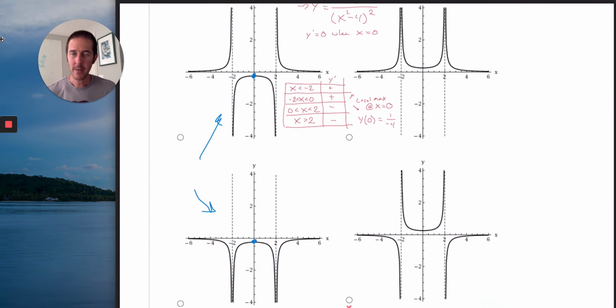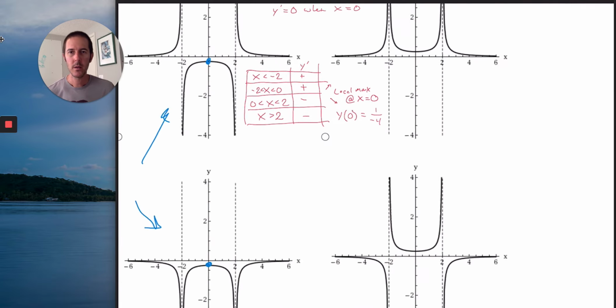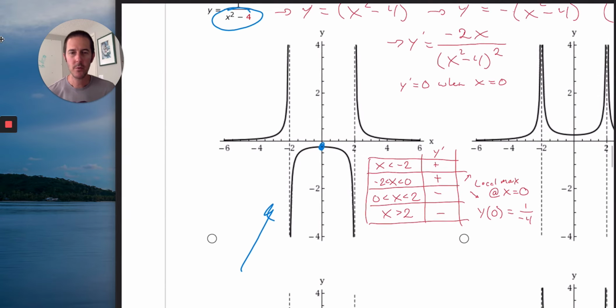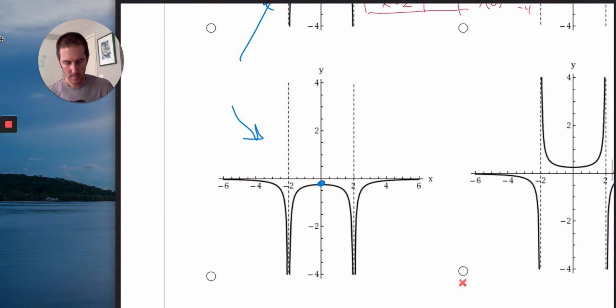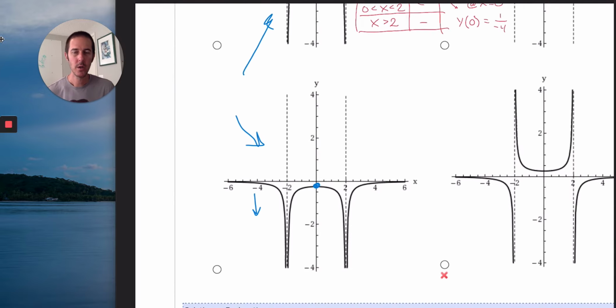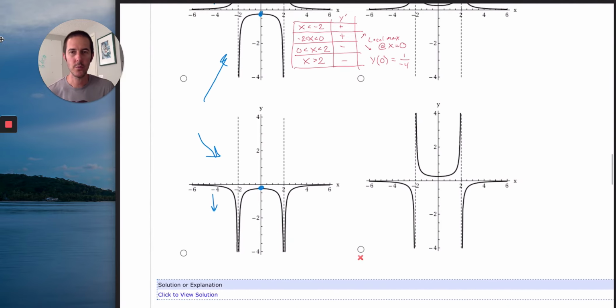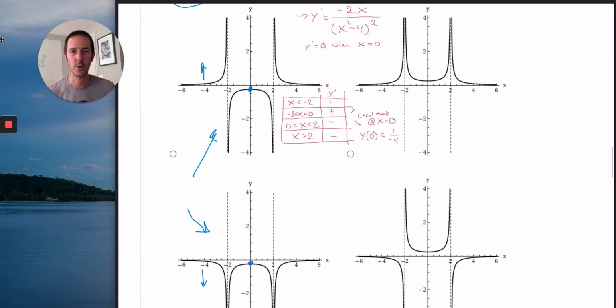Testing for concavity at that point is not going to help us because both of those graphs are concave down at that local maximum. But if we look at this graph, we see that over here it's concave up. Over here it's concave down in the other graph. So if you are in a multiple choice scenario, figuring out the second derivative and then testing for a value like -3 or -4 as an x value would help you determine which of those two remaining multiple choice options is the correct one.